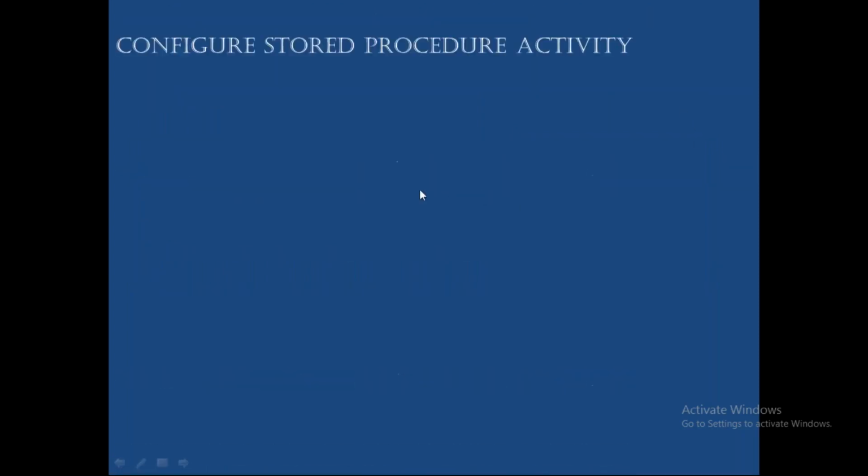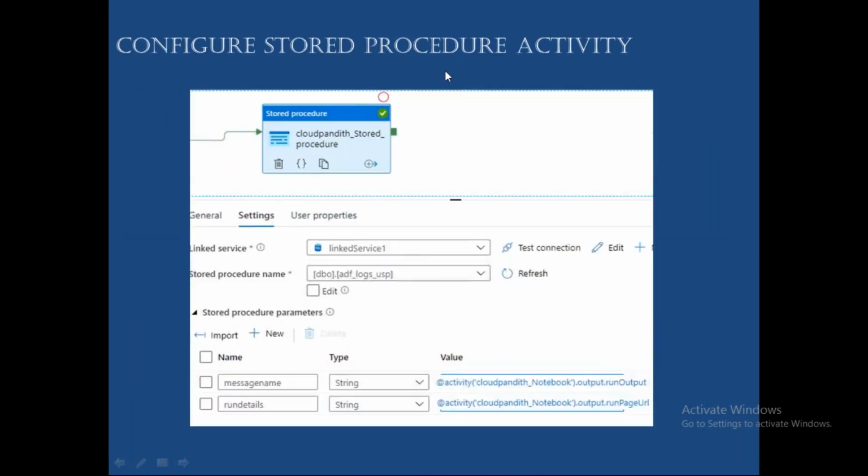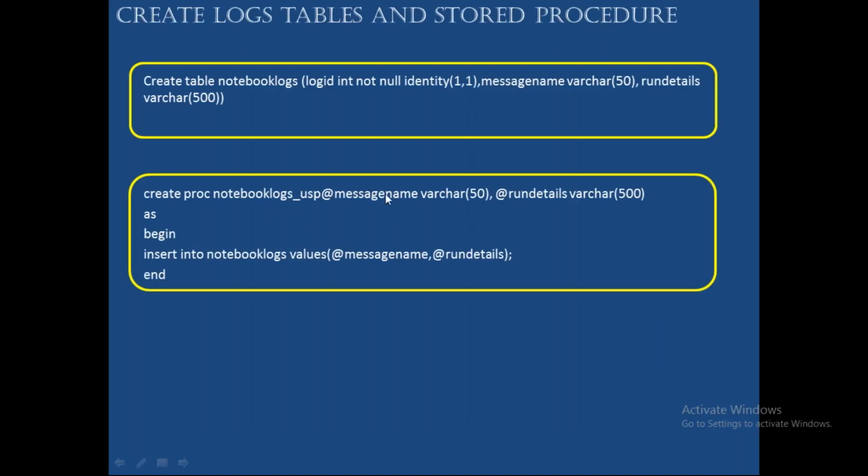Let's click on this. Yeah, so configuring stored procedure activity. Now you see, okay, so I have a stored procedure. If you remember, you see here, this is the stored procedure which requires message name and the run details, isn't it? So what you are doing, this message name and run details, you are inserting into the notebook logs table. You see, this is the table you have created. Into this table, you are inserting these messages you are passing. But how will you call this stored procedure?